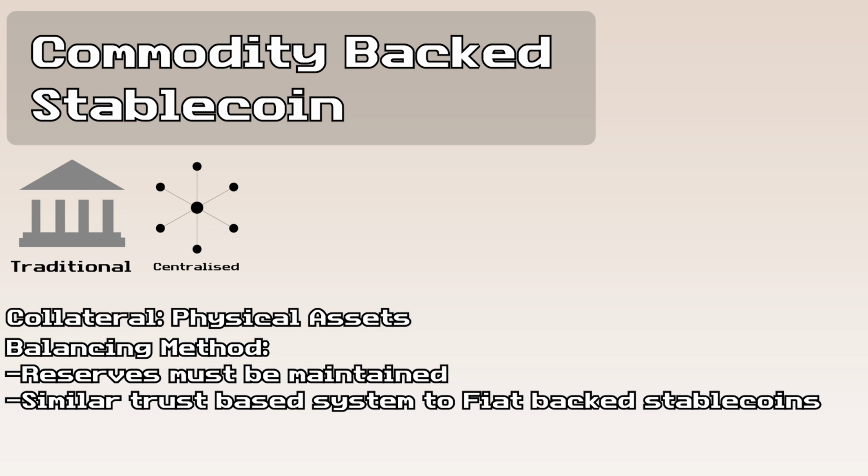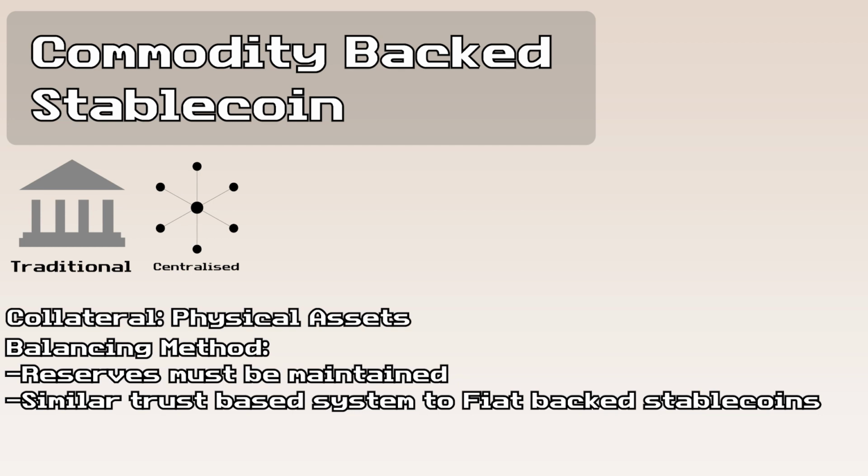So say you have a bar of gold worth $1,000, then $1,000 worth of stablecoin will be minted against that $1,000 worth of asset. Again, like the fiat-backed stablecoins, these are off-chain and they are also centralized.